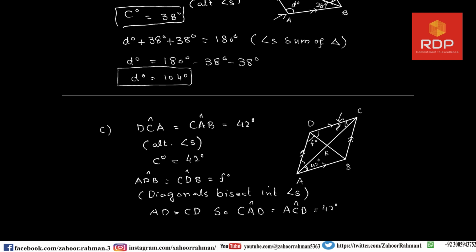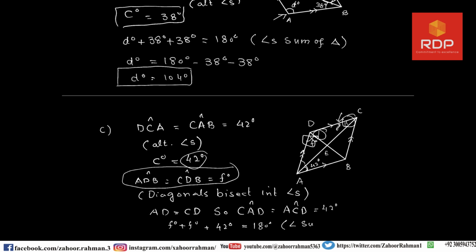And now we can write F degree plus F degree, because we said at the beginning that these are equal to F, plus 42 degree, which we have found, and that will be equal to 180 degree, the angle sum of triangles.